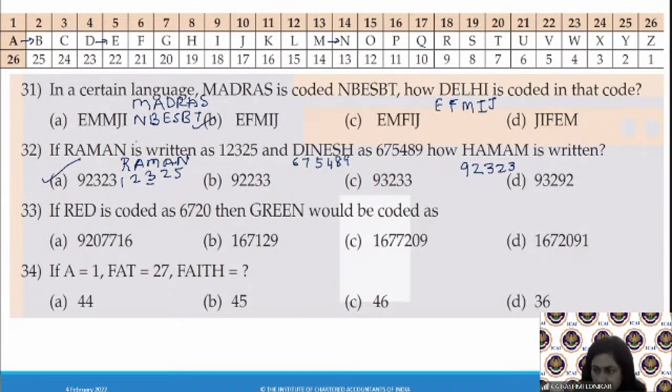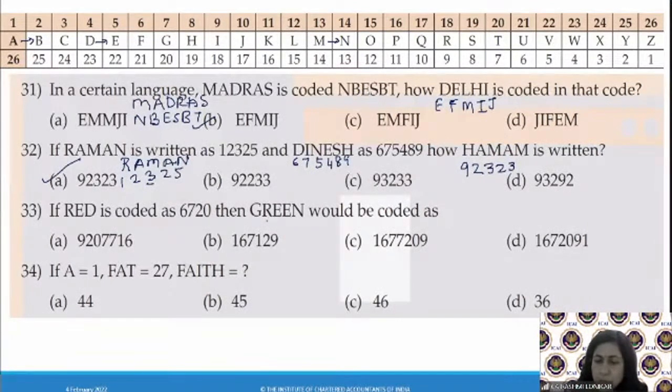Now red is coded as 6720, then how would green be coded? In this question, there are 3 alphabets, but the numbers are 4. So it is not direct like this.